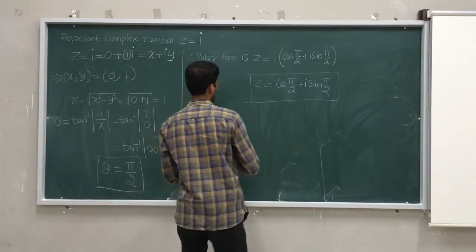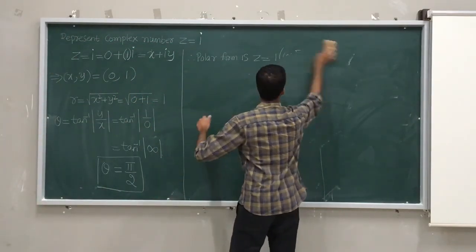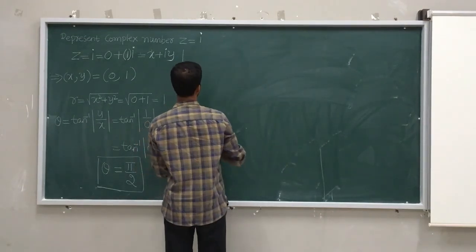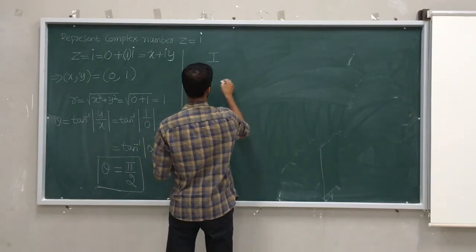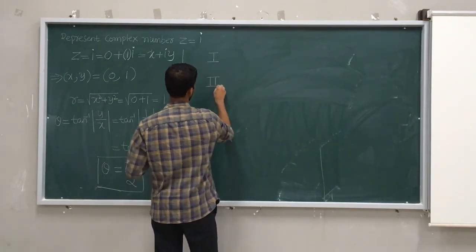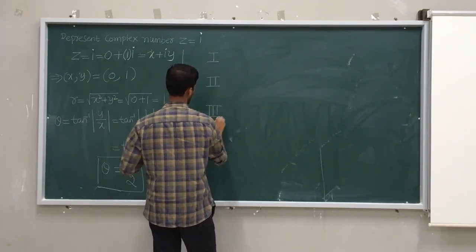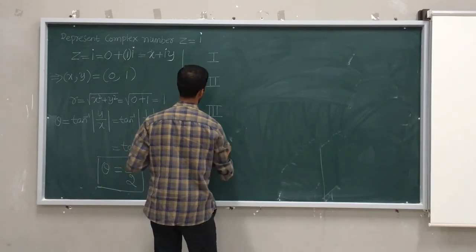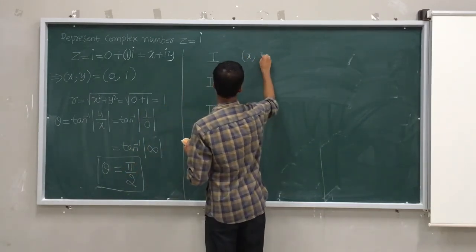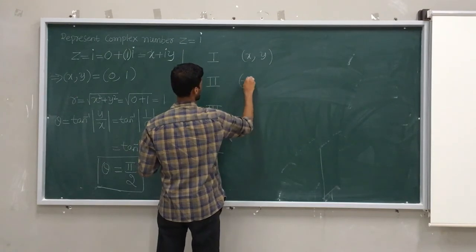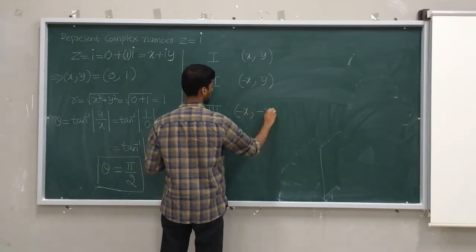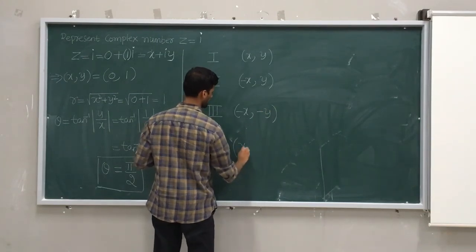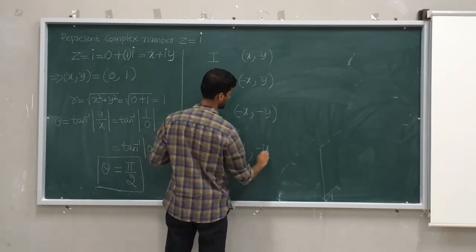I want to recall a last thing to you. As a note, this is the first quadrant, this is the second quadrant, this is the third quadrant, and this is the fourth quadrant. First quadrant means both are positive, second quadrant means x is negative, y is positive, third quadrant means x is negative, y is negative, fourth quadrant is x positive, y negative.